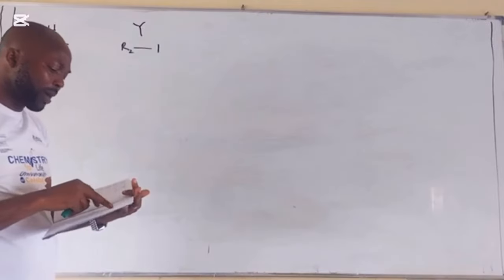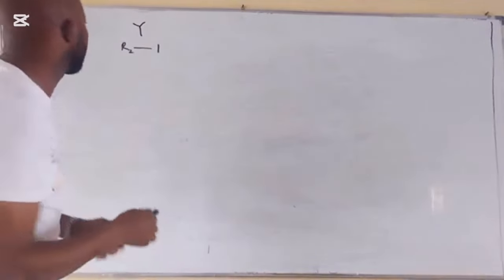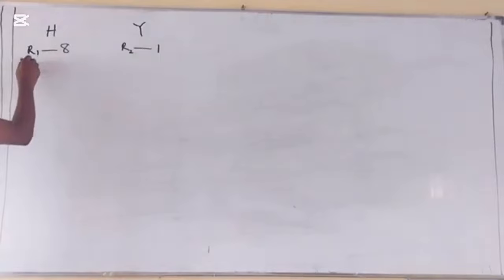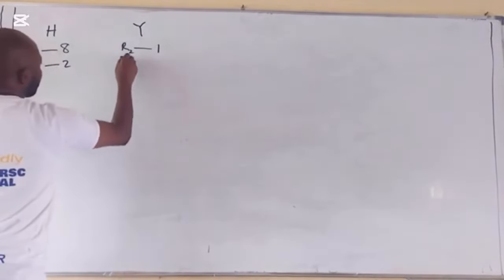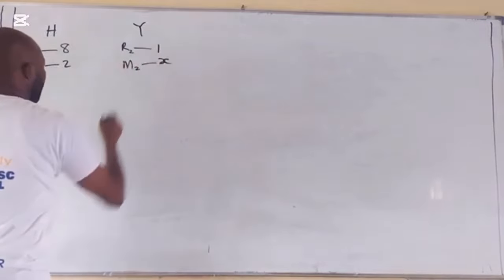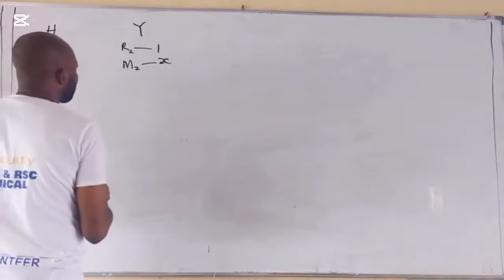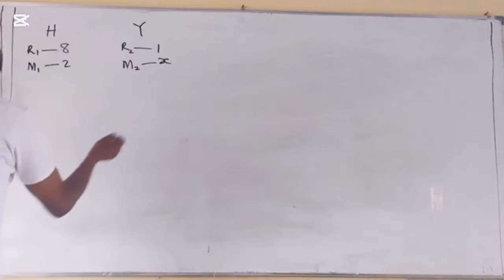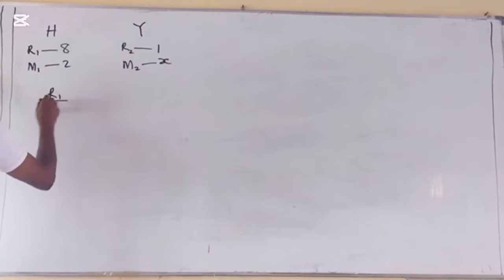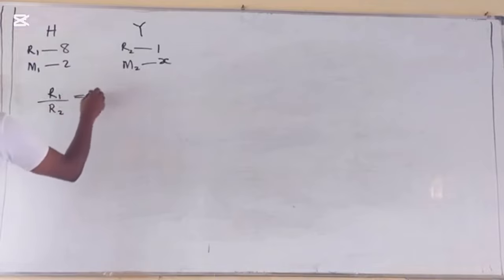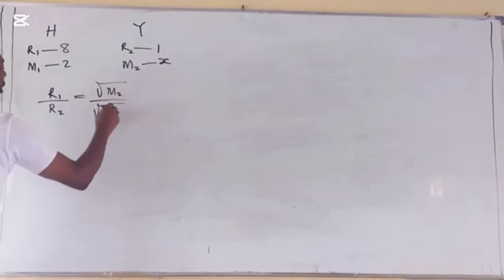Calculate the relative molecular mass of Y. The relative molecular mass of hydrogen is 2. They've given it to us. So M1 is 2. M2 is what they're asking us to get. It's unknown. So this is more straightforward. Now we have the formula that says R1 over R2 is equal to the root of the relative molecular mass M2 over that of M1.